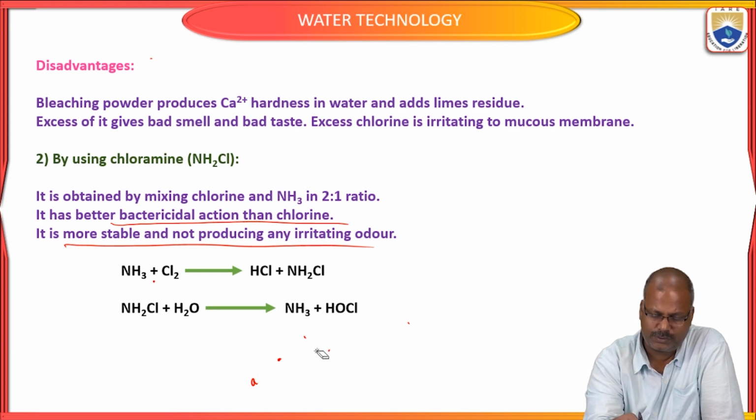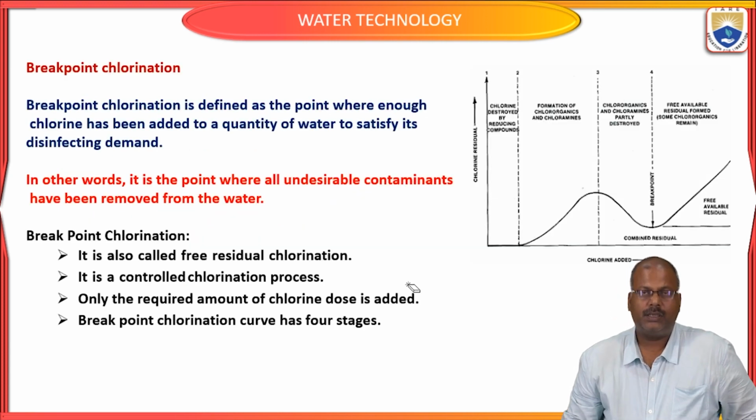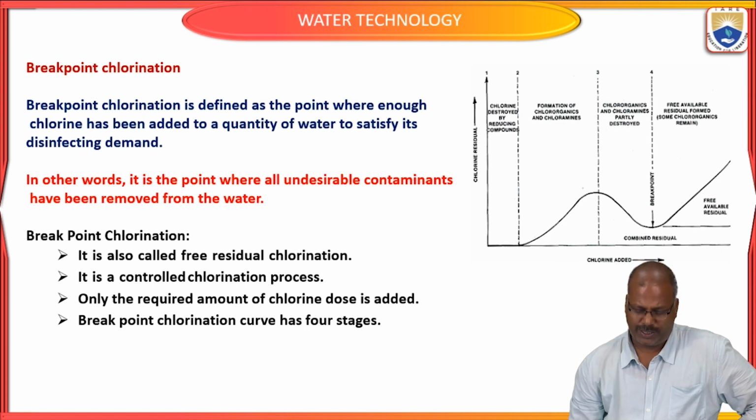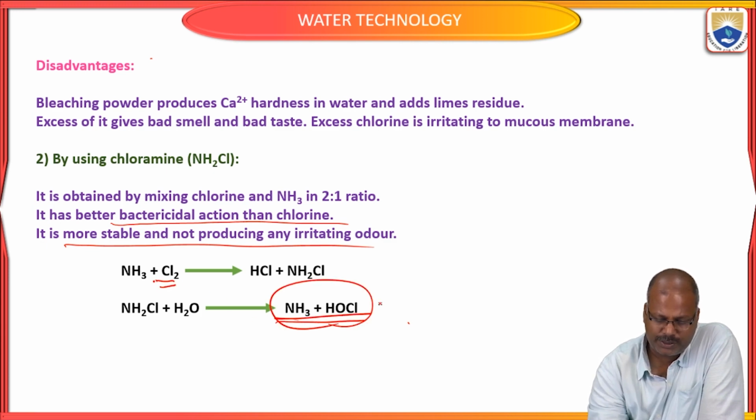The next one we will see is direct chlorination. In direct chlorination, these are all formed in situ. Here, chlorine is used and HOCl is formed in situ.